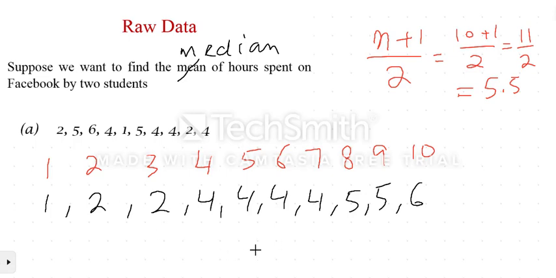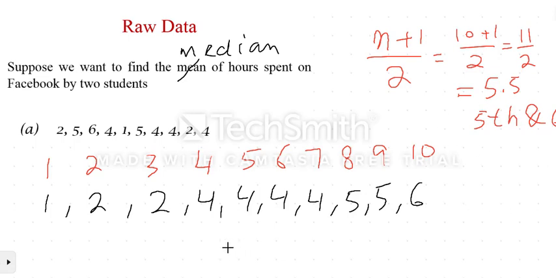So 5.5 means the median is between the 5th and the 6th position. Let me repeat: 5.5 is exactly between the 5th and 6th.